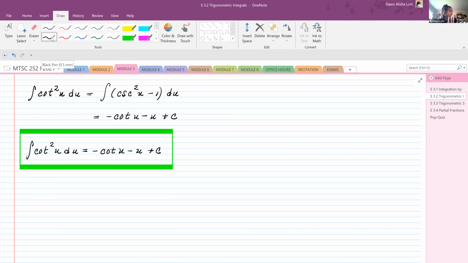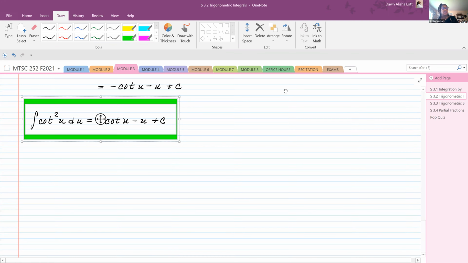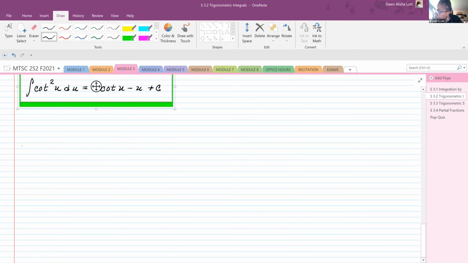Okay, so now we know all of those. So let's do two quick examples. One, let's try to find the integral of sine squared of 4x dx. Okay, so the integral of sine squared of 4x dx.